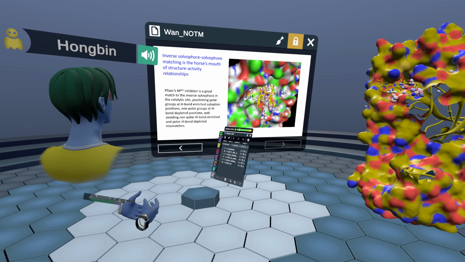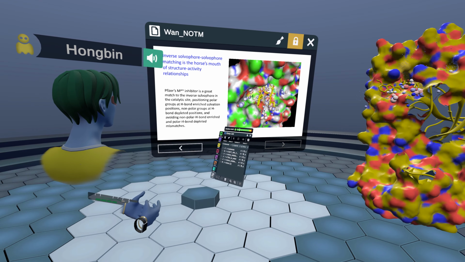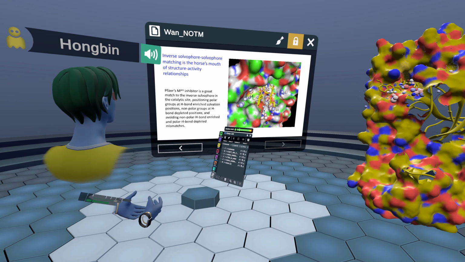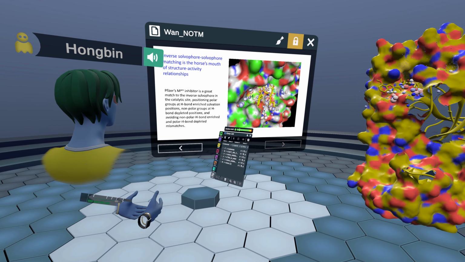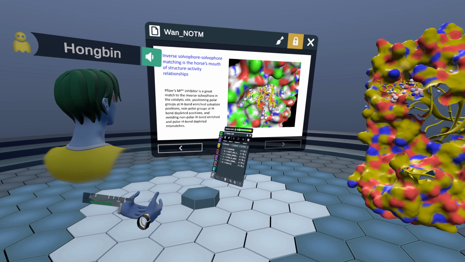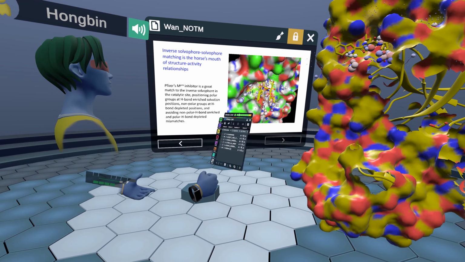Today we will focus on the match in the catalytic site, including how the polar groups are positioned toward hydrogen bond enriched solvation positions, and non-polar groups at hydrogen bond depleted positions, and meanwhile also how the ligand tries to avoid the non-polar hydrogen bond enriched and polar hydrogen bond depleted mismatches. So let's grab the structure here.